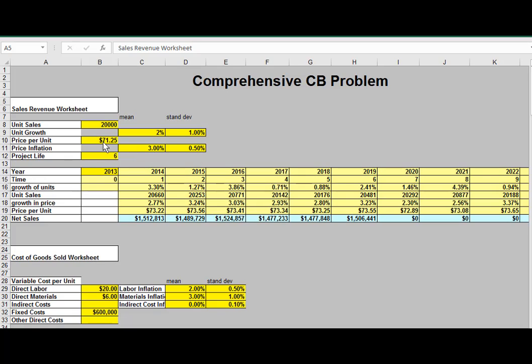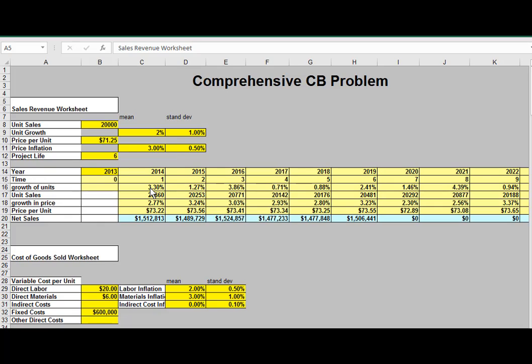We also have the per unit price, and we also have the unit's project life. So as we go down through this unit, we start with, you can put in the year, obviously. And you can see here from 20,000, the growth is calculated based on 20,000 plus or minus with a 2% growth and a standard deviation of 1%.